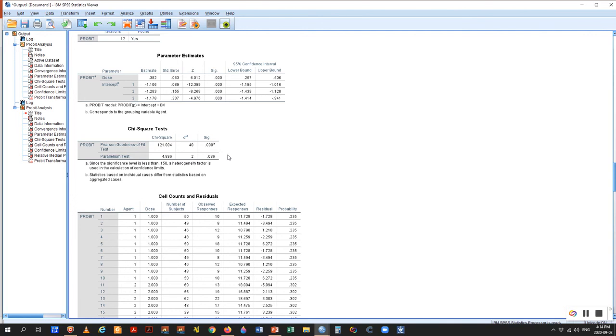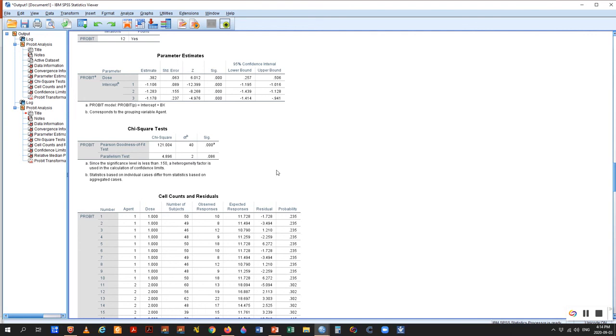Now in this model, we have a chi-square of 4.896, a degree of freedom of 2, which is the one category of the dependent variable and the independent variable, and we have a significance which is higher than 0.05, which indicates that there is no parallelism, and that therefore the cases are distinguishable.